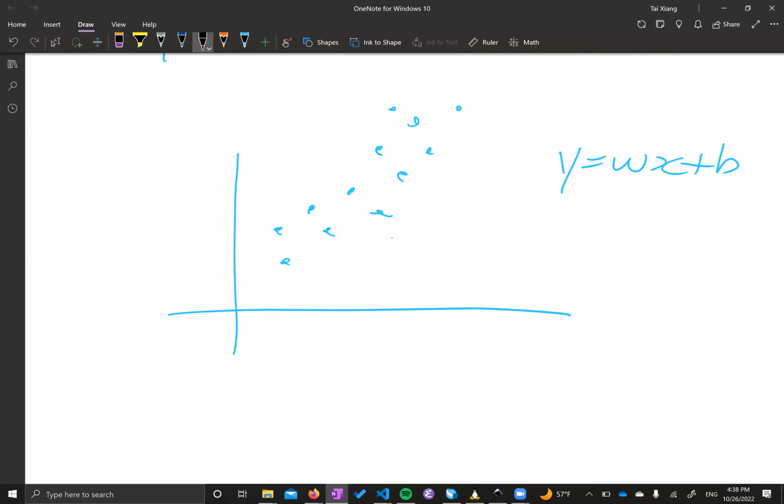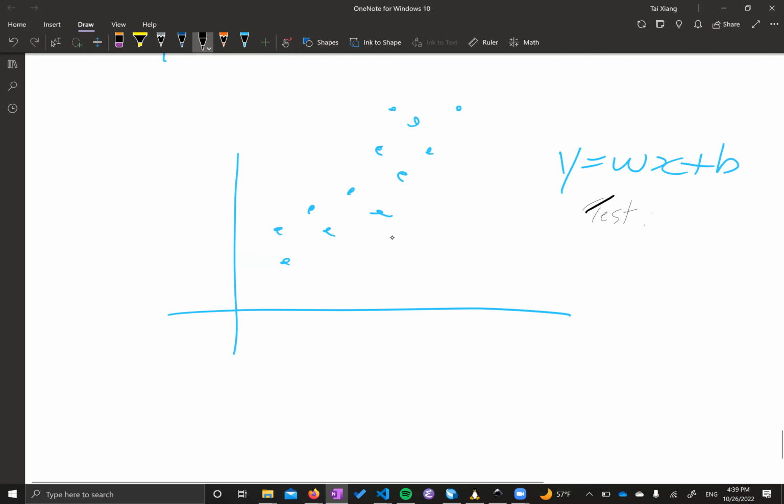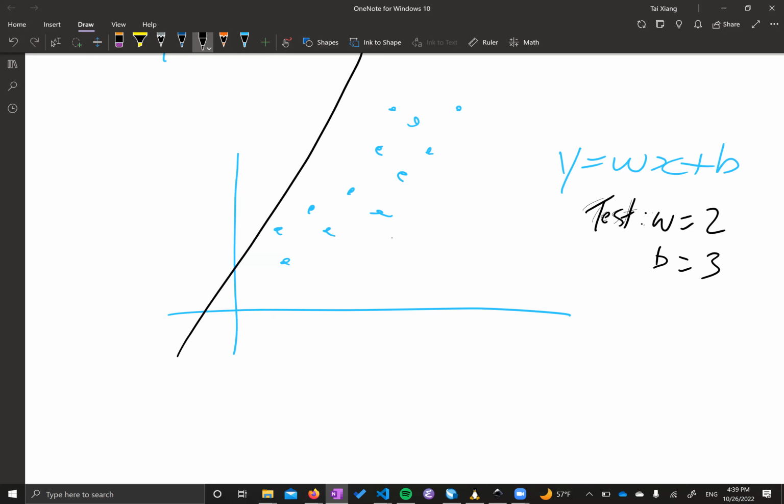And we talked about error as this thing called mean squared error, where we take the predictions we get for a given w and a given b, and we check how close or far they are from our actual values. So let's say we'll test some w equals 2 and b equals 3, and maybe that'll give you a linear regression that looks like this.